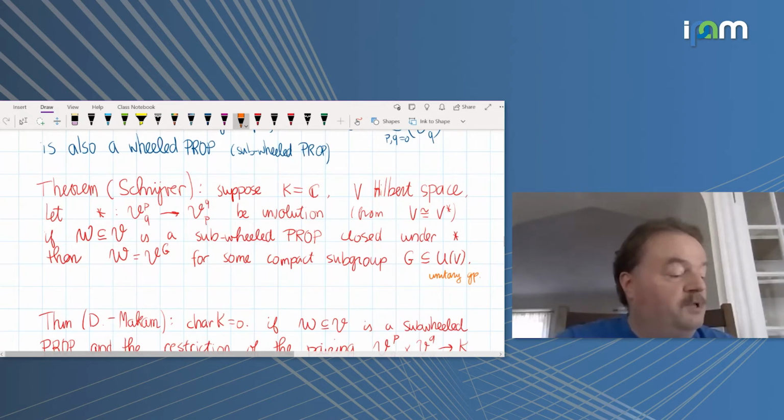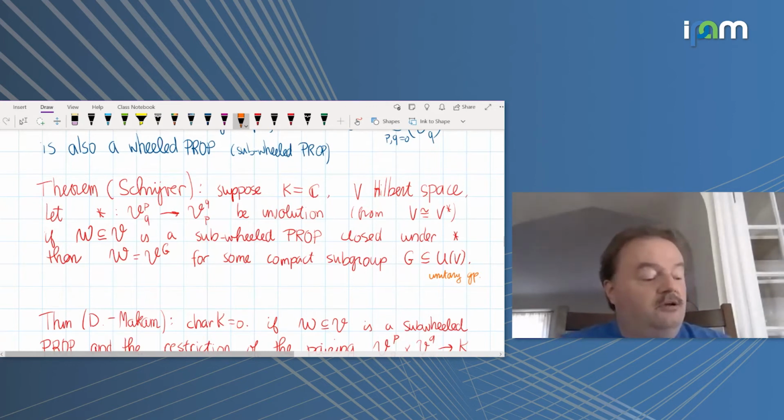If you have a subwheeled prop, which is a wheeled prop consisting of subspaces of V, and it's also closed under the star operation, which is more or less like a complex conjugation using the Hermitian form, then the subwheeled prop is actually of the form of taking the G-invariant tensors, where G is a compact closed subgroup of the set of unitary matrices.